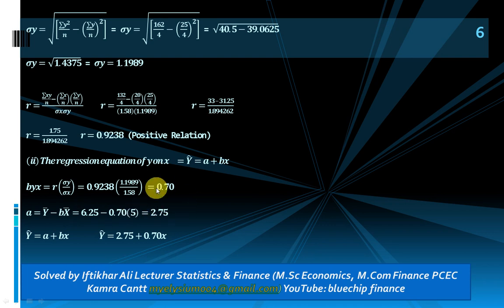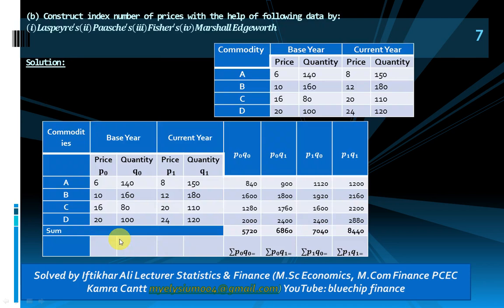Just after the calculation, simply put these two values into this equation. So alpha will be 2.75 plus 0.70, which is the regression coefficient y on x. So this will be slope and this will be intercept.